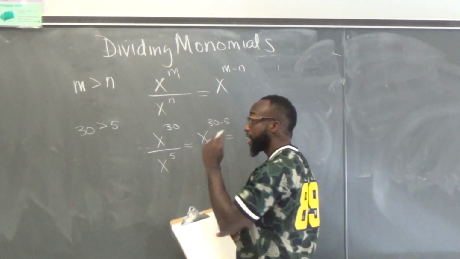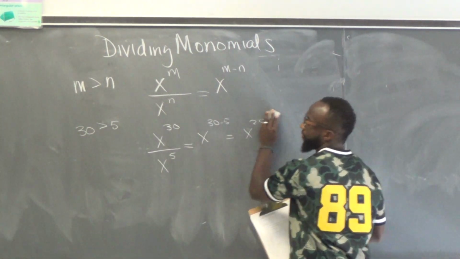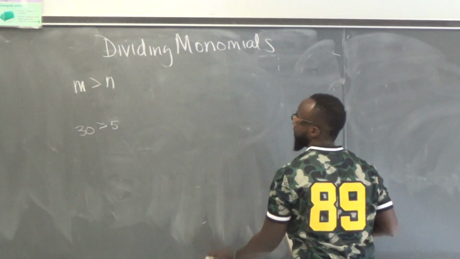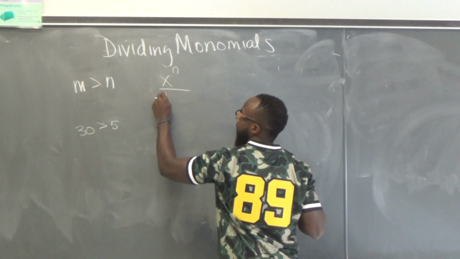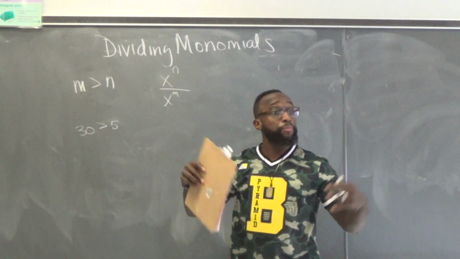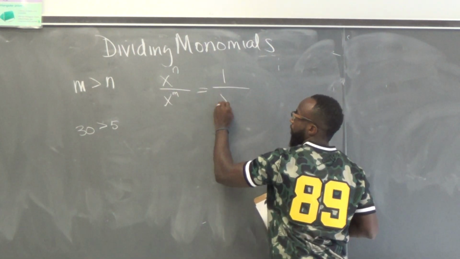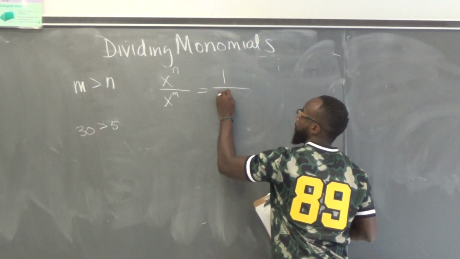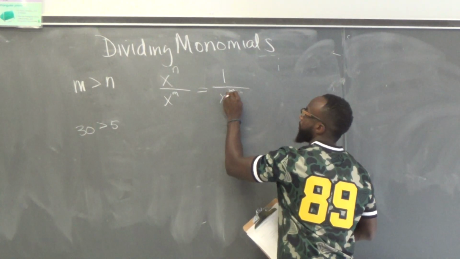Now, the other rule says this. If you have the same values, m and n, 30 and 5, and they switch, so it's x to the n over x to the m, and m is bigger, that means your answer will be 1 over x to the m minus n.